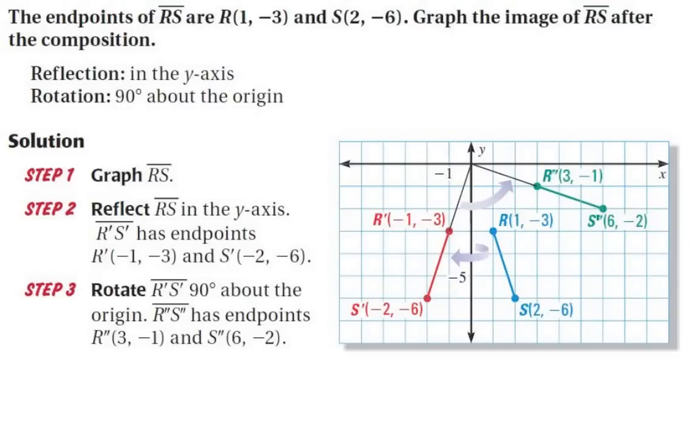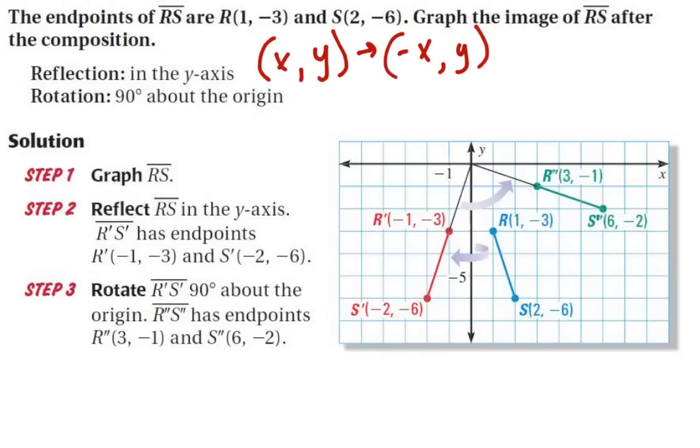Okay, it looks like in this example we're asked to reflect in the y-axis first and then follow a rotation of 90 degrees about the origin. So let's remember first of all that our instructions for a reflection in the y-axis is going to be (x, y) becomes the opposite of the x coordinate and keep the y coordinate the same.